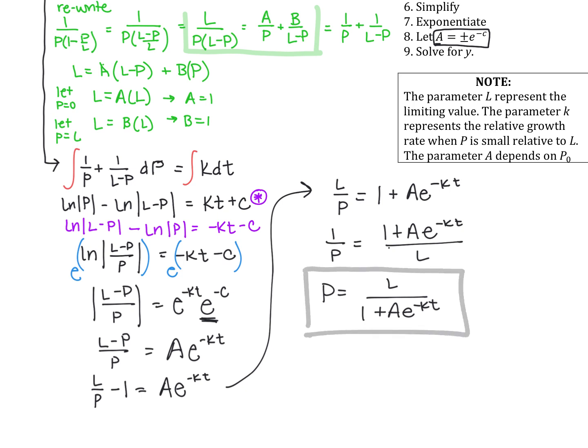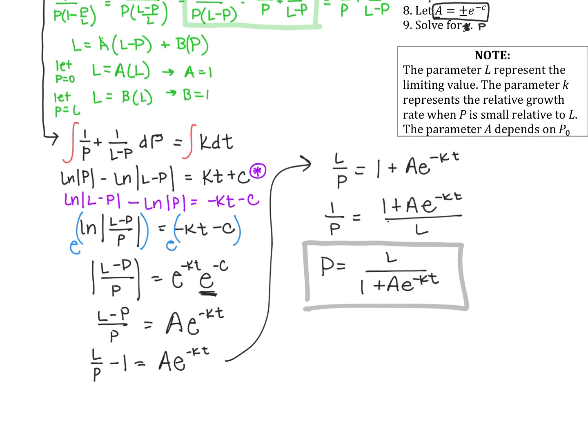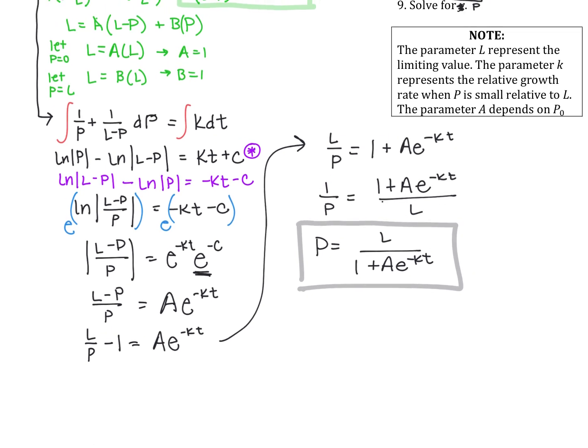A bit messier, don't you think, than proving the simple growth and decay. But here's what I want you to see. This says solve for y. Well, we don't have a y. I was going through the steps. This should actually say solve for P. Okay, a couple things.